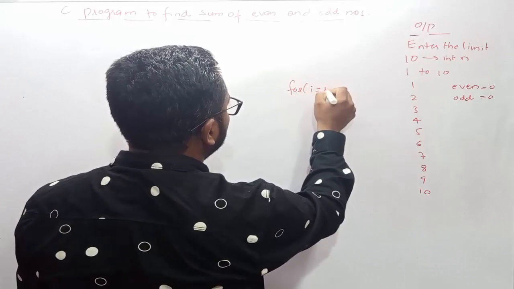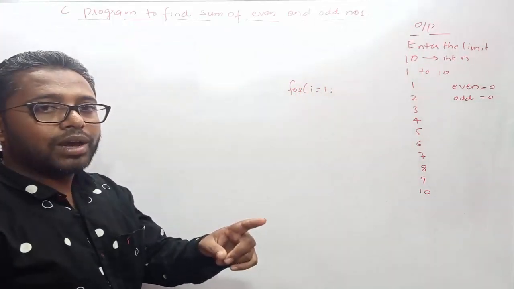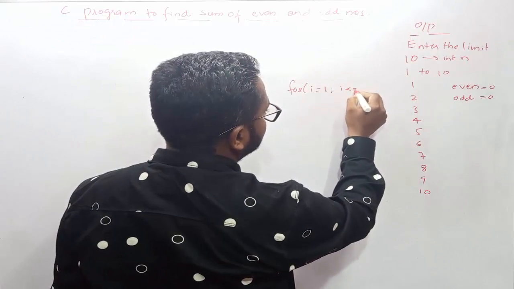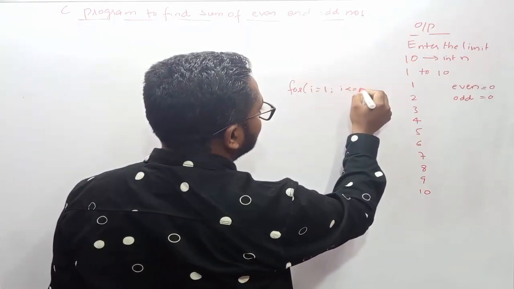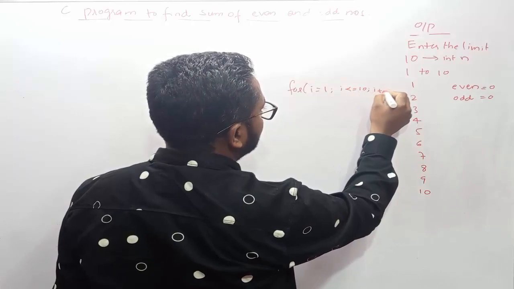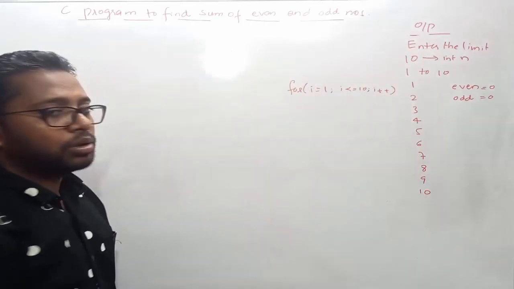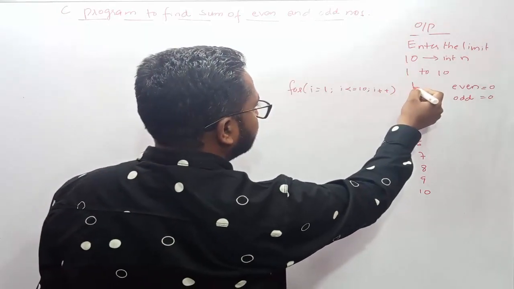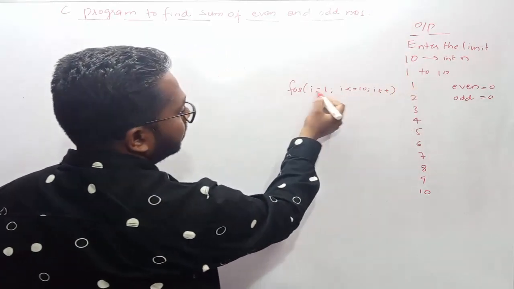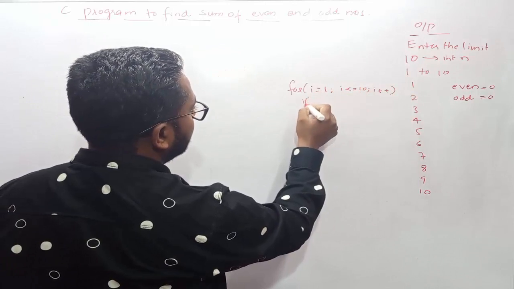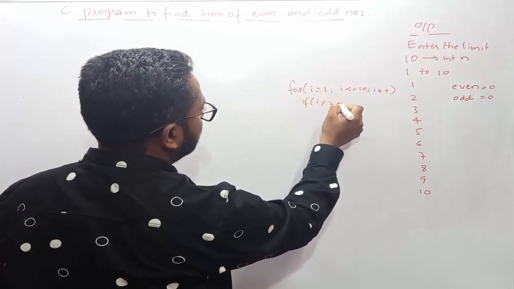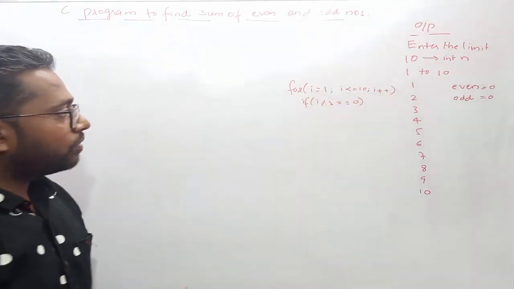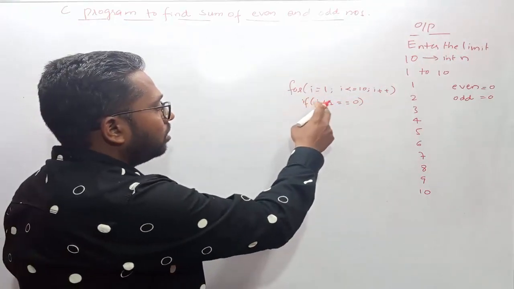For i equals 1, I will be starting with the value of i equals 1, until the value of i becomes less than or equal to 10, and I will be incrementing the value of i with each and every iteration. Now I need to check for this first value, that's what I am representing here, i equals 1. If i mod 2 is equal to 0... now the value of i is 1, so 1 mod 2.